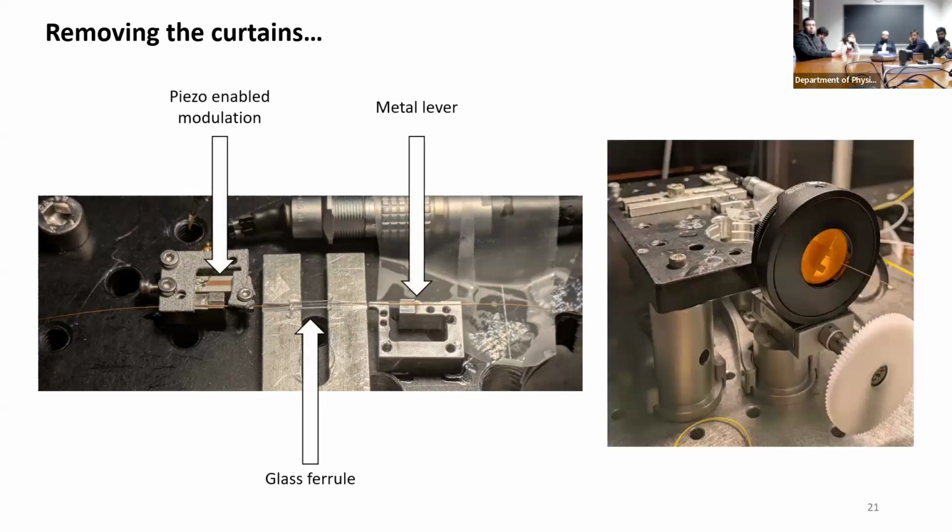How big is it? I mean, won't it be difficult to take this whole system and put it in some other hardware? This thing is a millimeter. Yeah, this is okay, but this piezo-enabled modulation device that you have, is it part of the setup? So this is part of the first prototype that I made.